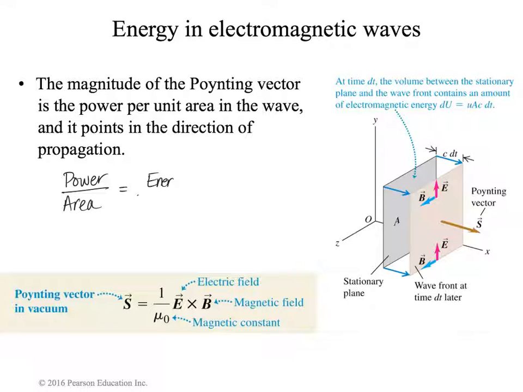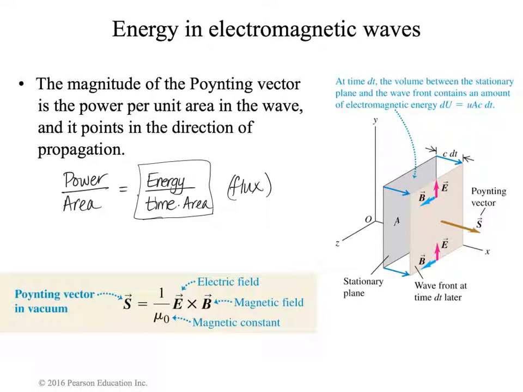Remember, power is energy per unit time, and then we have times area. This is a lot like a flux that we learned about when we talked about fluids. I think was the first time that we saw a flux, where we're talking about the flow of something per unit time, per unit area. And so in this situation, we're talking about energy. And again, I want to stress that I think it's helpful to remember these units when we're looking at the problem, and we'll get to that at the end of this video.